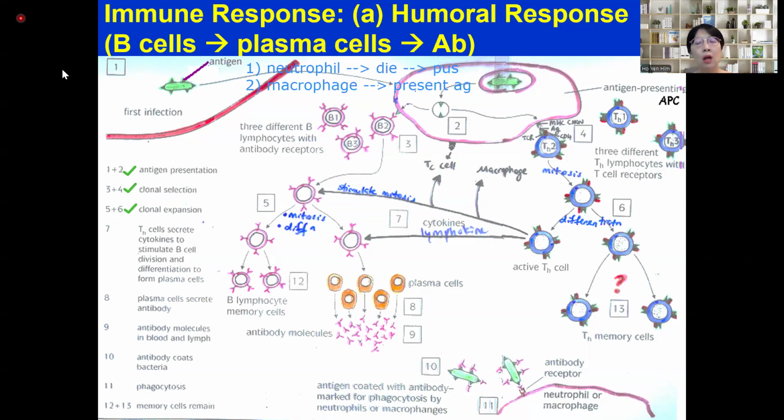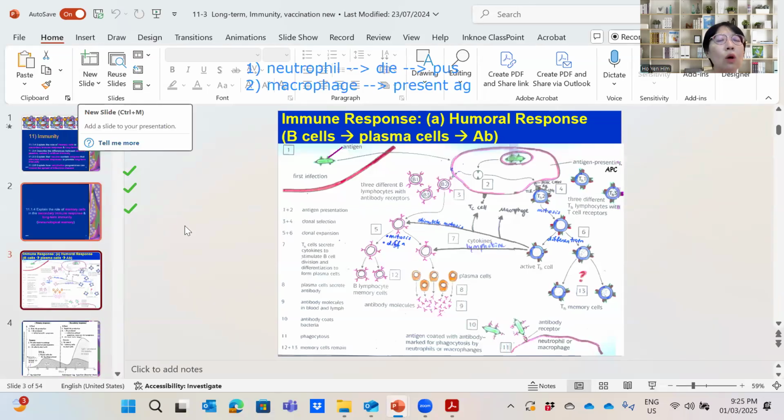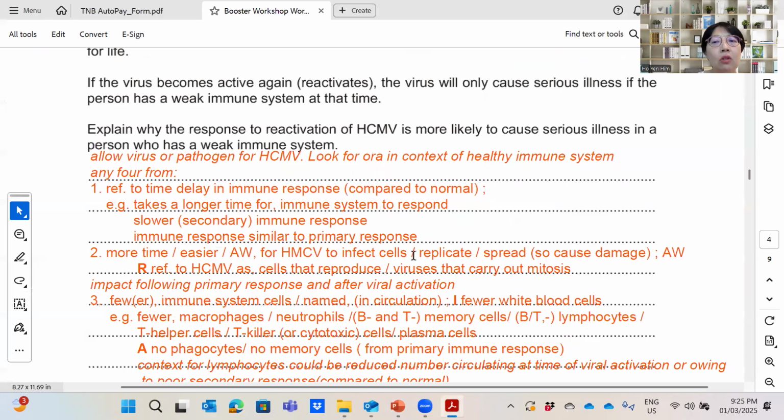So you still have to describe the part where the person becomes ill, why the person becomes ill. Okay, so that's why it's very easy to score the mark if you answer the question. They will guide you to answer unless you focus on one part, half the question, and you ignore the other half.